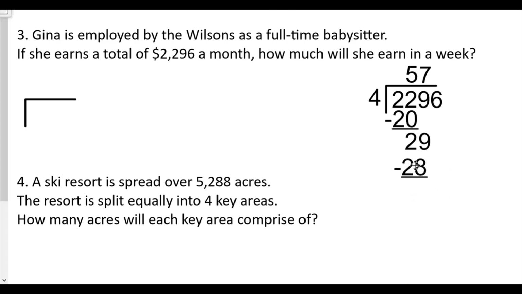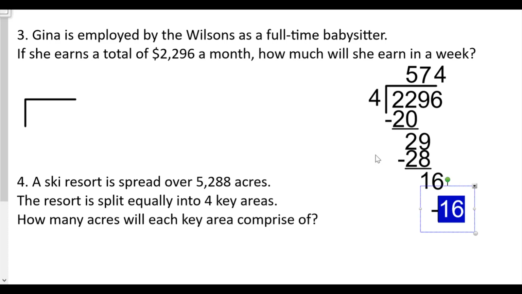So 29 minus 28 is 1. And I want to bring down my 6 now. So it gives me 16, and 4 goes into 16 4 times, because 4 times 4 is 16. And of course that gives us the remainder of 0.